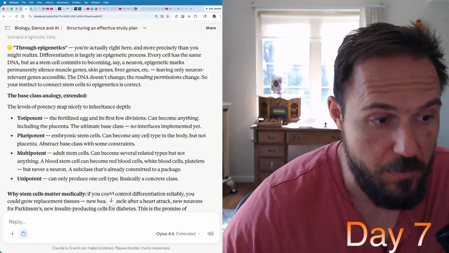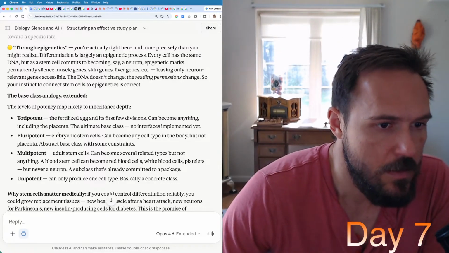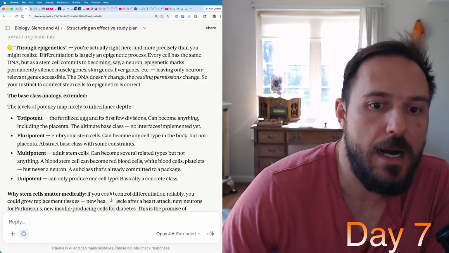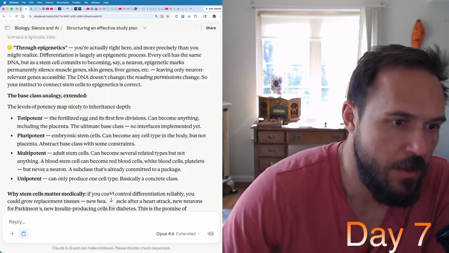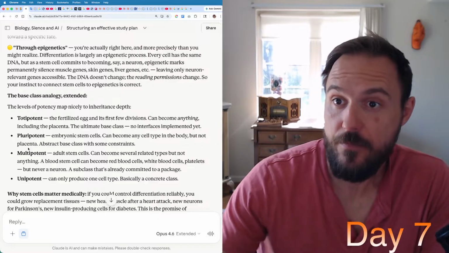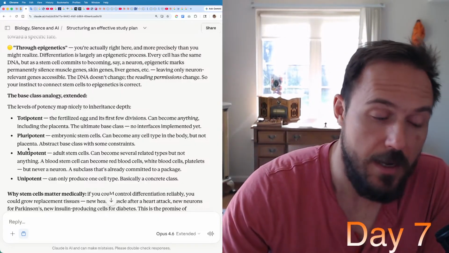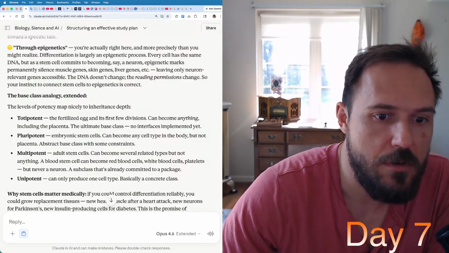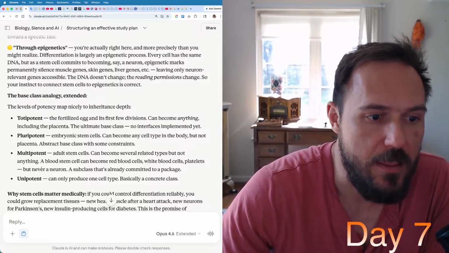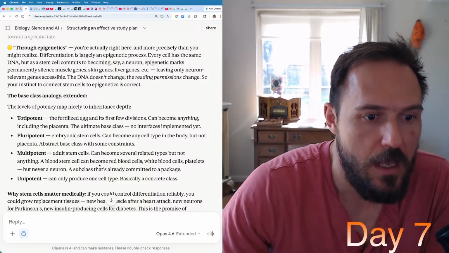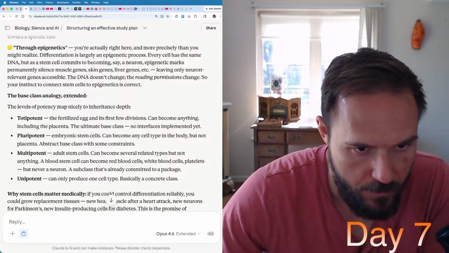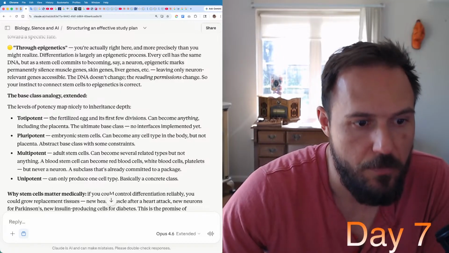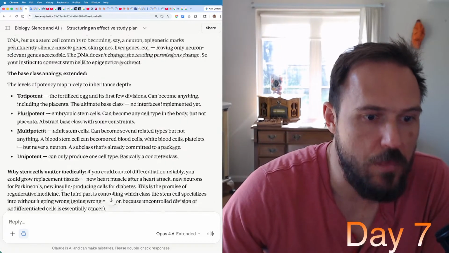Pluripotent embryonic stem cells can become any cell type in the body, but not the placenta. By the way, placenta from retroviruses. I didn't know that. Multipotent adult stem cells can become several related types, but not anything. A blood stem cell can become red blood cells, white blood cells, platelets, but never a neuron. Right. Unipotent can only produce one cell type.